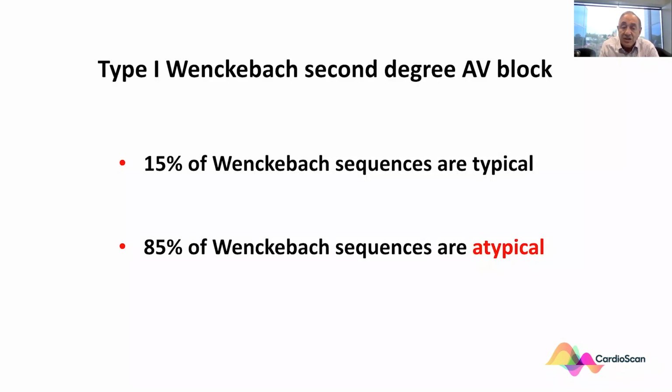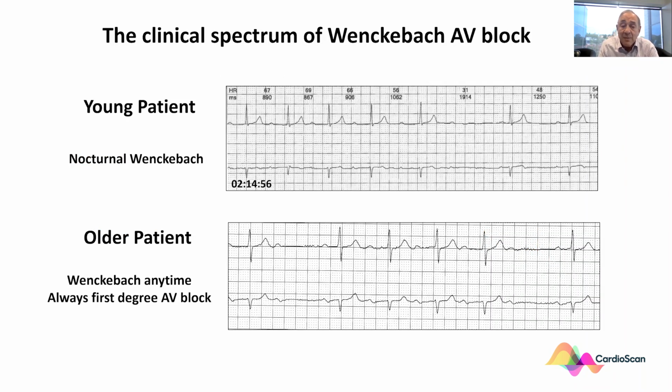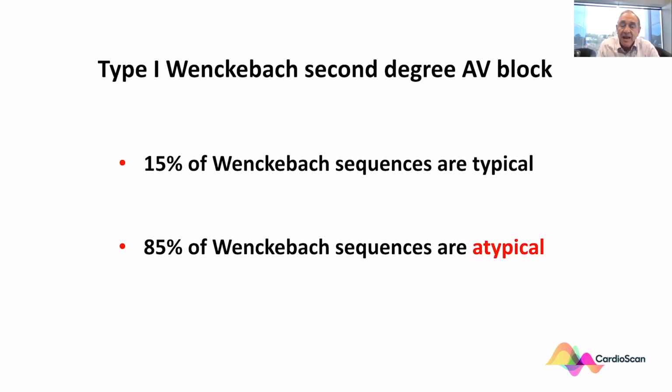In the older patient, Wenckebach can occur anytime, but there is always first degree AV block. And this is not necessarily physiologic, but rather there is organic disease there in the conducting system. They are probably very different. Type 1 Wenckebach second degree AV block, 15% are typical, and 85%, most of the ones we see, are atypical.